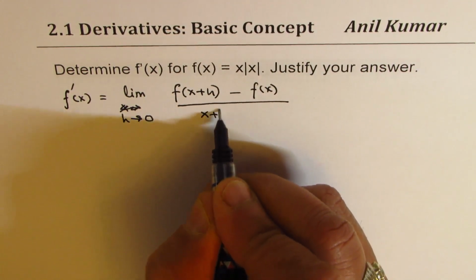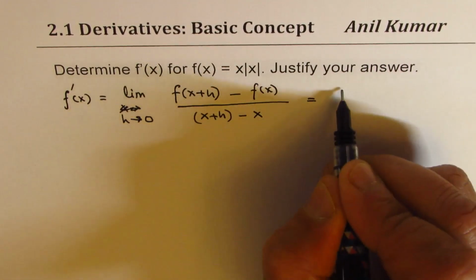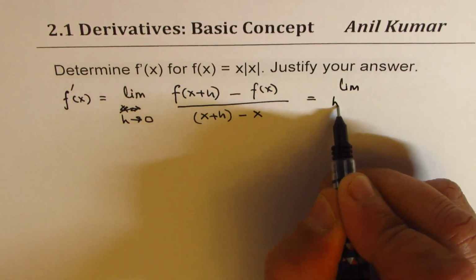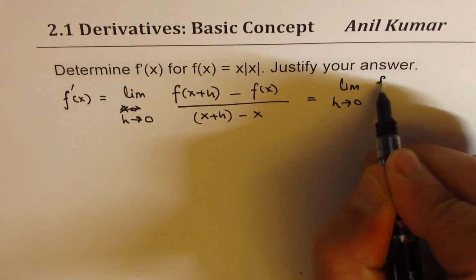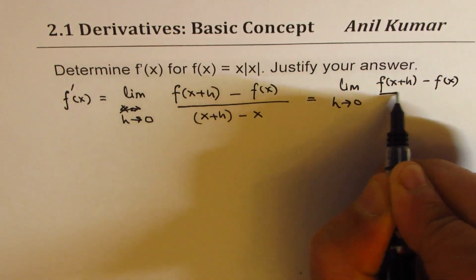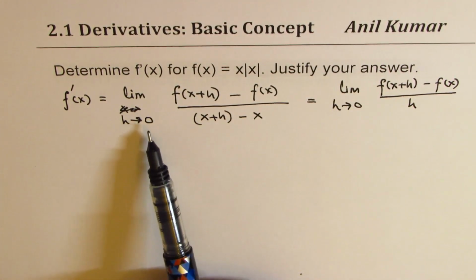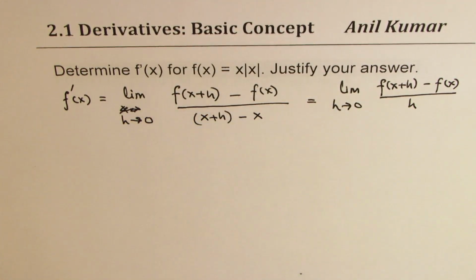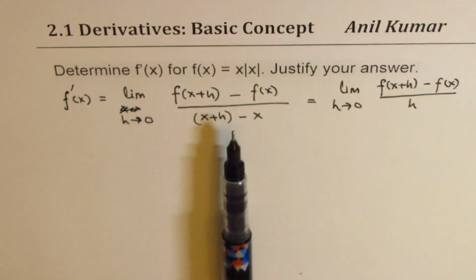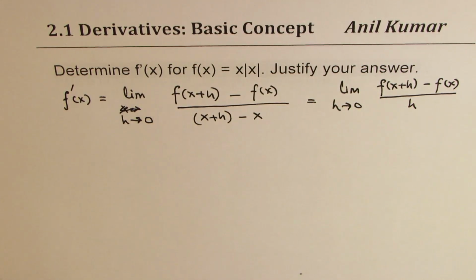So normally we write x plus h minus x, right? Which could be written as limit h approaches 0 of f of x plus h minus f of x over h. As you can see, we have to approach 0 from both sides for the limit to exist, and if the limit exists, then the function is differentiable. So that is the basic, right?